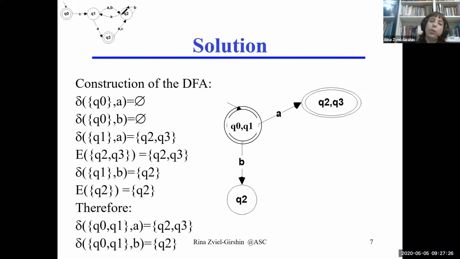Because after moving with the letter A, you can have additional transitions with epsilon. And in the equivalent DFA, that means that on input A, you can reach additional states. And you need to reach only one state because it's a DFA. No, I don't need to reach one state. Yes, I need to reach one state, but the one state that I will have in the DFA can be the union of several states of the NFA.